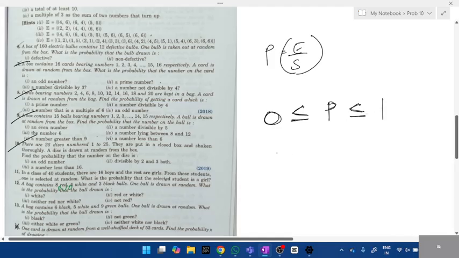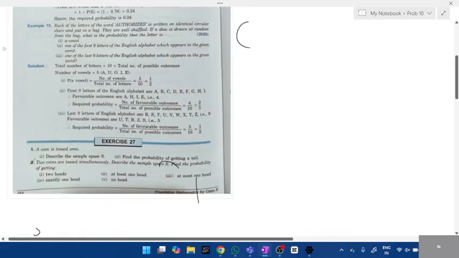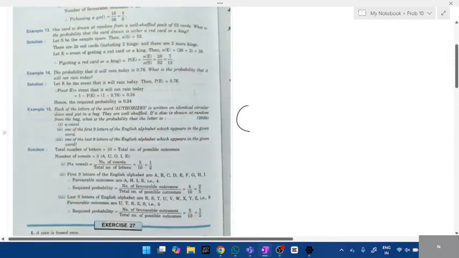If it is a sure event, what's the value for a sure event, students? Probability of a sure event is equal to 1. Which is uncertain or which doesn't occur, what do you call that?